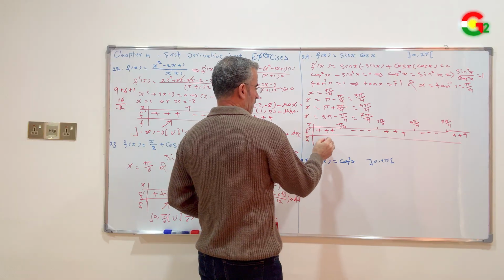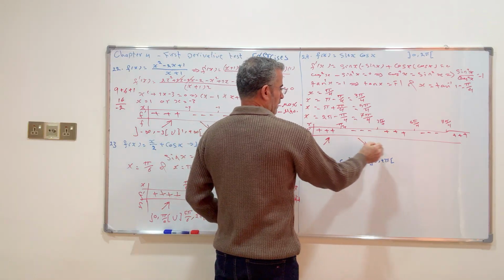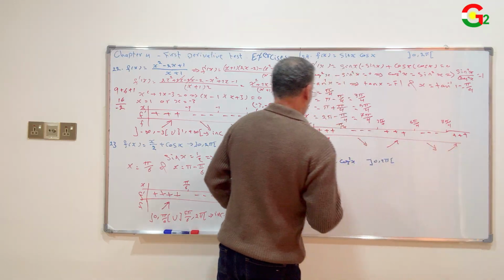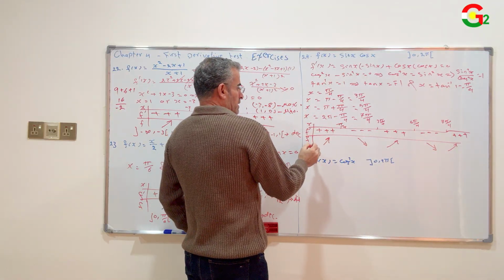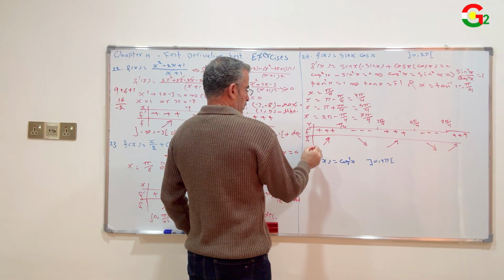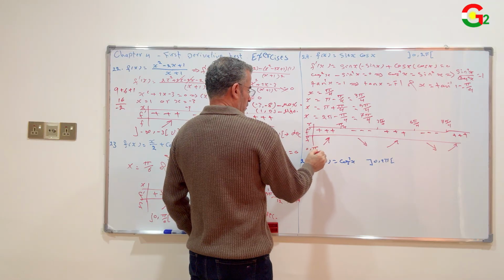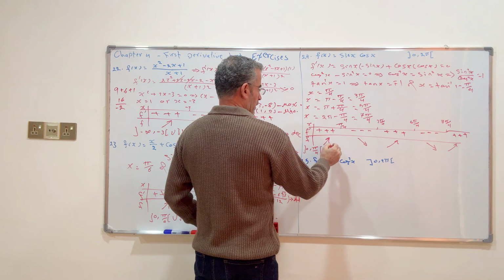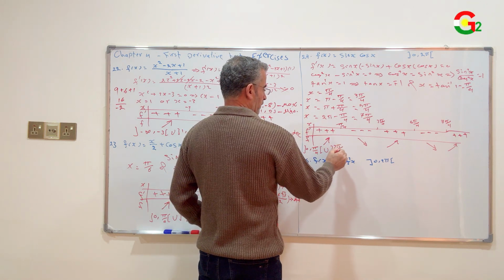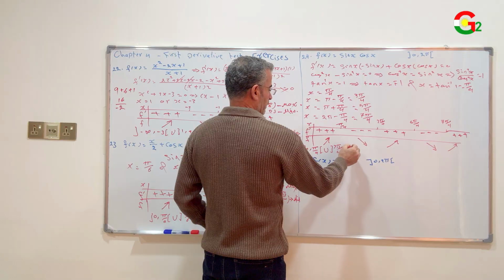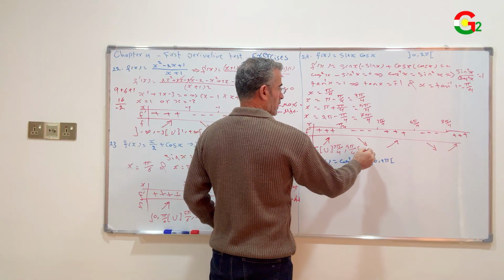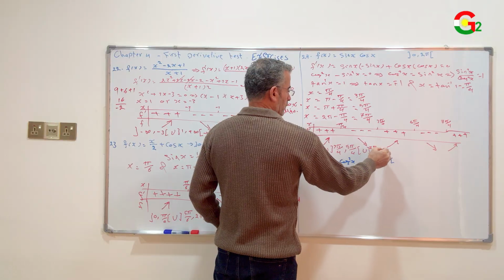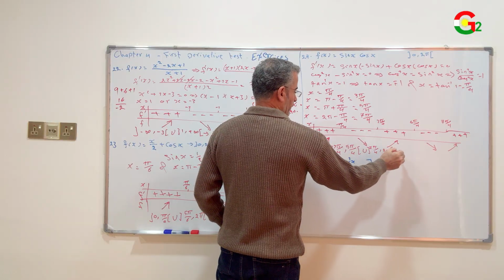And the intervals of increasing and decreasing are, for the increasing interval, 0 to pi over 4 open interval union 3 pi over 4 to 5 pi over 4 union 7 pi over 4 to 2 pi.